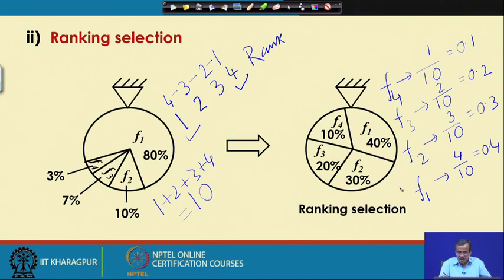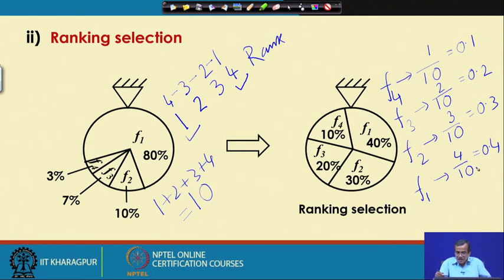So, in ranking selection, the chance of premature convergence will be less, whereas in case of proportionate selection, that is the Roulette selection, the chance of premature convergence will be more. So, this is the advantage of the ranking selection.